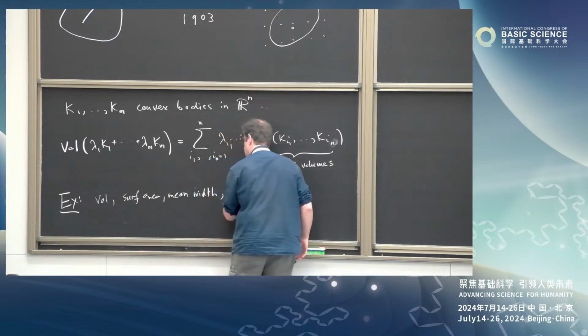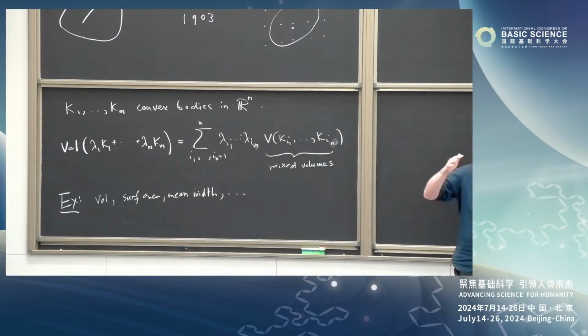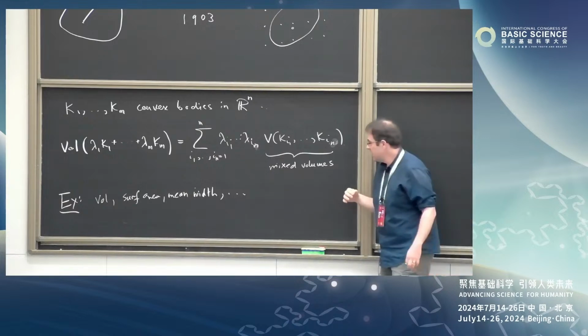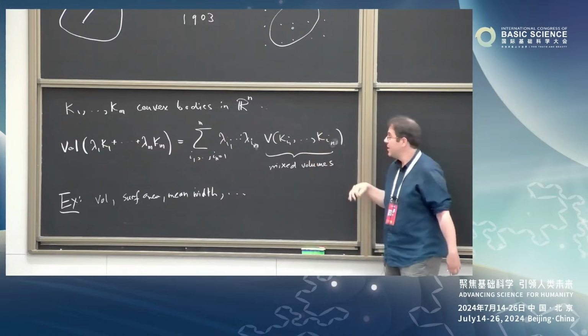I'm listing these three as examples because I'm going to get back to them later. For example, take a subspace of dimension k, project onto it, compute the volume in Rk. Now average, for example, that's a mixed volume. And what are really interesting are inequalities between these mixed volumes.